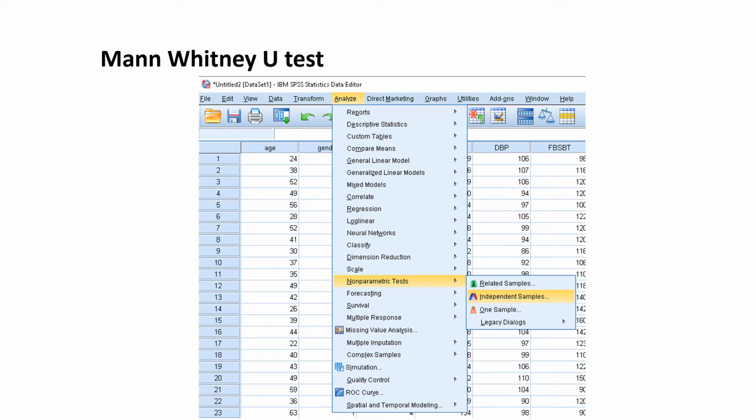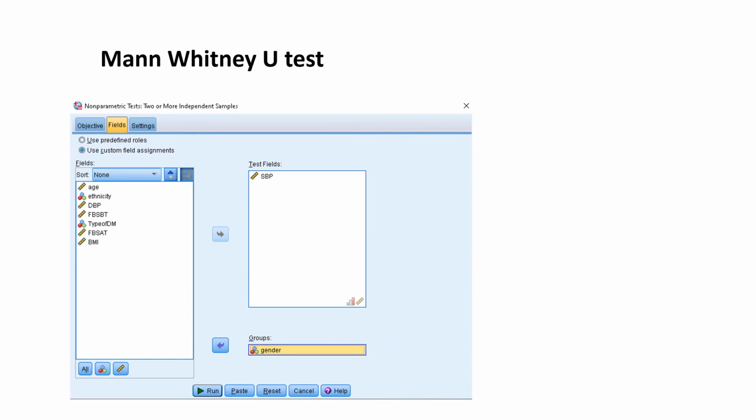Now we can see the steps in SPSS. You have to click on Analyze, Non-Parametric Test, and click on Independent Samples. When you click Independent Samples, it will show a box for Non-Parametric Test, 2 or more independent samples.